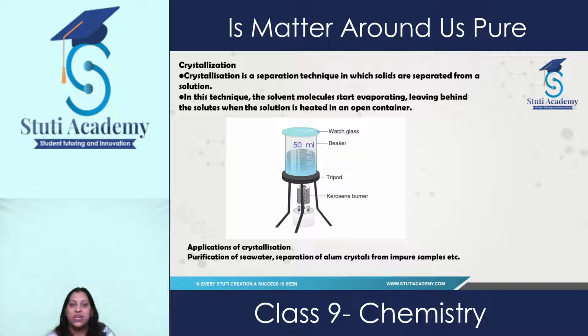When we take a mixture and provide heat, the liquid component present in it evaporates and goes into the atmosphere in the form of vapors, and the solid part is left behind in the form of crystals. We use this method to get a purified form of common salt, or sodium chloride.